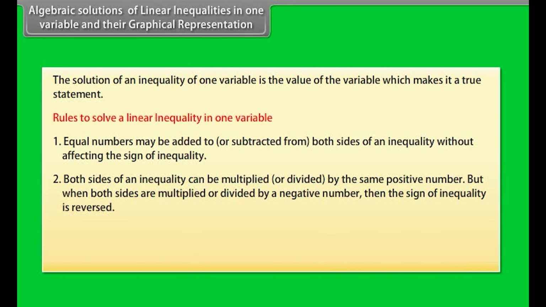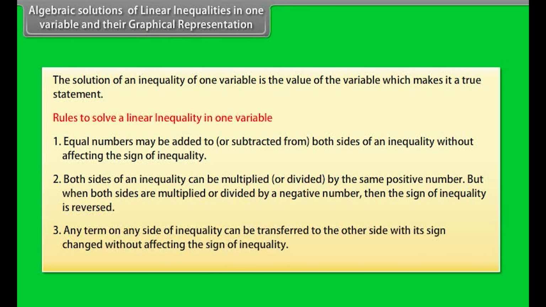Number 2. Both sides of an inequality can be multiplied or divided by the same positive number. But when both sides are multiplied or divided by a negative number, then the sign of inequality is reversed. Number 3. Any term on any side of inequality can be transferred to the other side with its sign changed without affecting the sign of inequality.